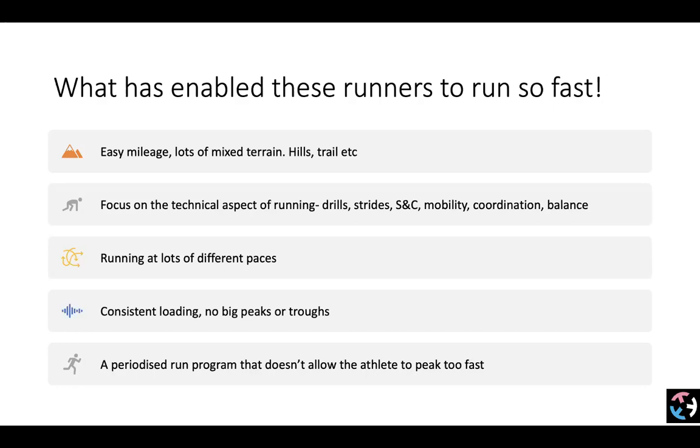One of the mistakes I see, from an age group, amateur runner and triathlete point of view, is that they do a lot of hard run sessions year round, and that'll get you pretty fit pretty quick. So say if you did a park run on a Saturday every week for 6 weeks, you're going to get fit, and those times are going to come down. But usually after that 6 to 8 week period, you'll peak, and you won't see much change after that point.